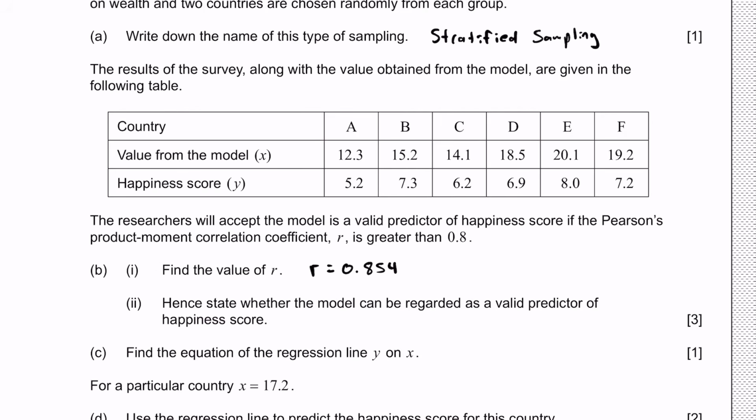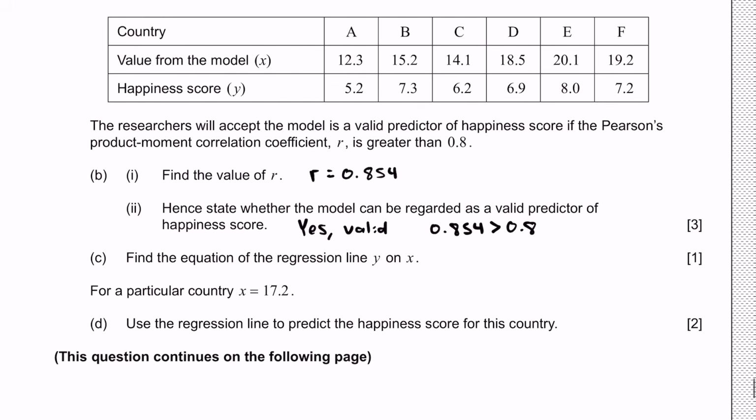So is it valid? We could say yes, valid. And since it's state, it's just one answer, that should be fine. But just to be safe, we could say 0.854 is greater than 0.8, and that should be fine.